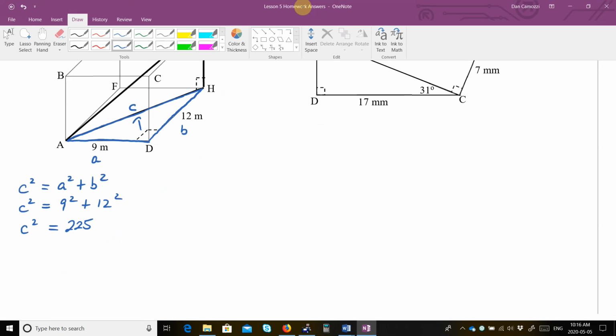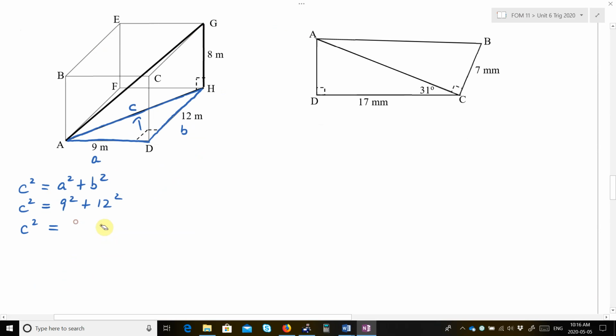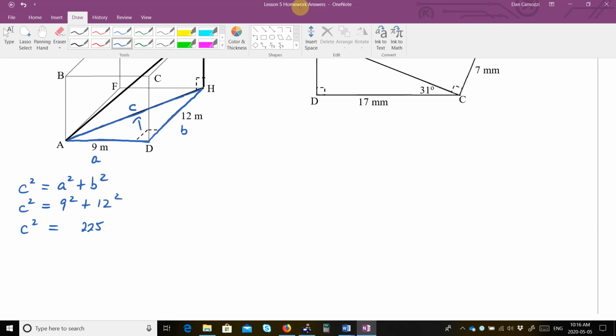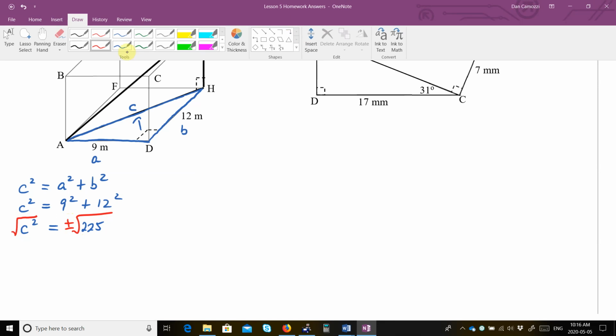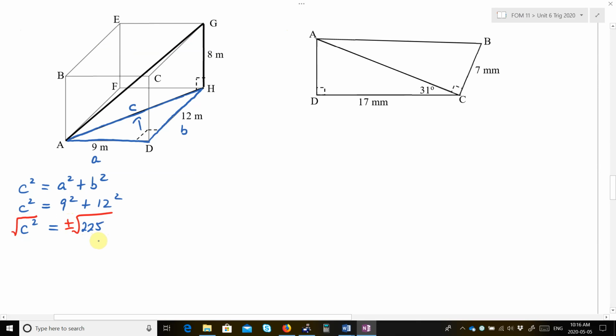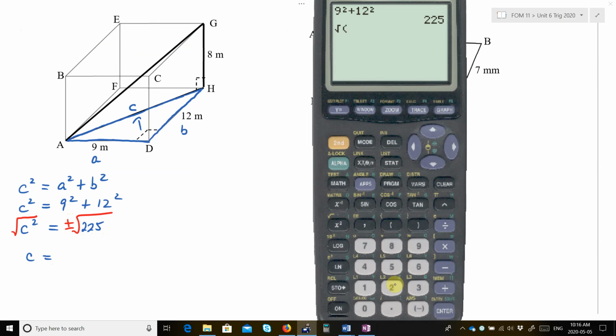And then, of course, to get C by itself, we go square root, and say, hey, the plus or minus could work. But since it's a side length, we are going to reject the negative. So C is equal to the square root of 225, which is 15.